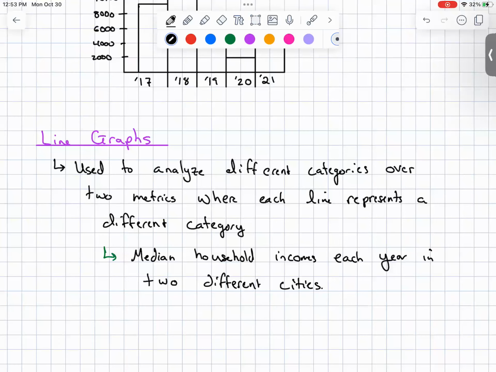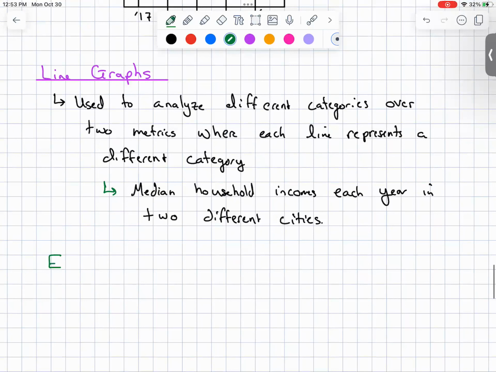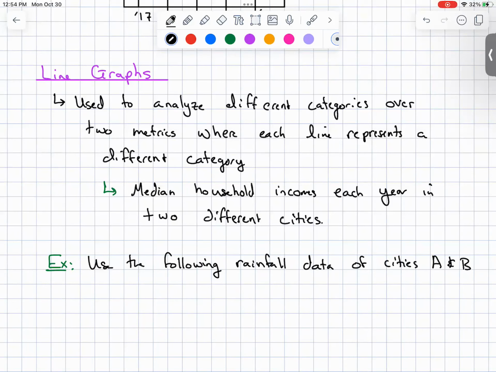So for example, use the following rainfall data of cities A and B, very, very distinct names, to create a line graph.